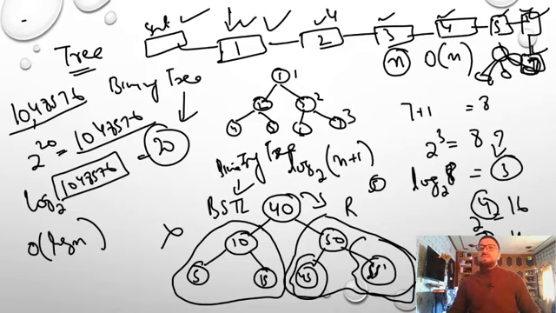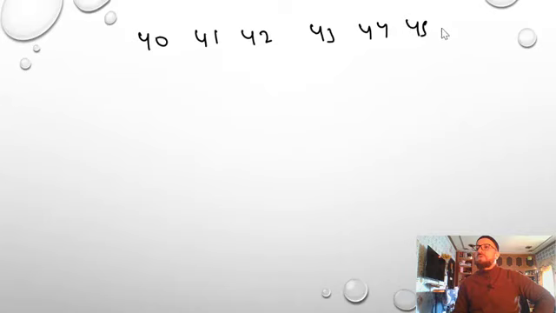What I mean is, say for example, the nodes which come up here are like this: 40, 41, 42, 43, 44, 45, 46, and so on. So what will happen in a binary search tree? We'll put up the 40 here.